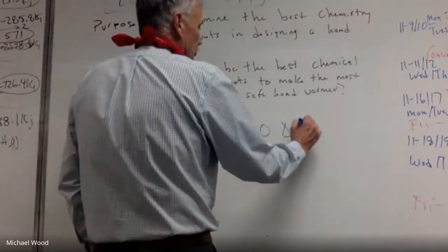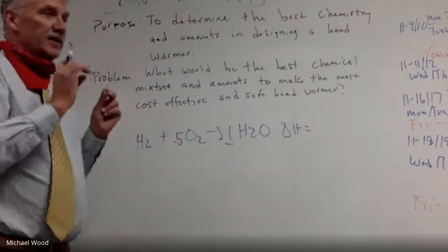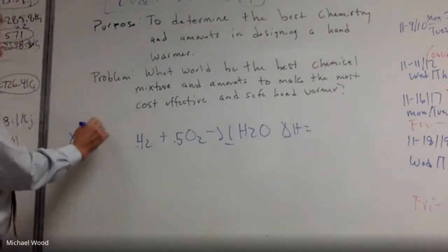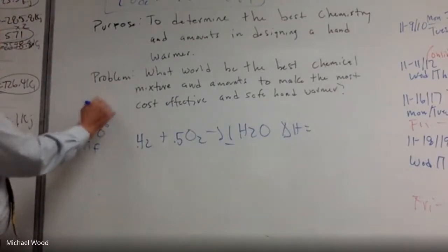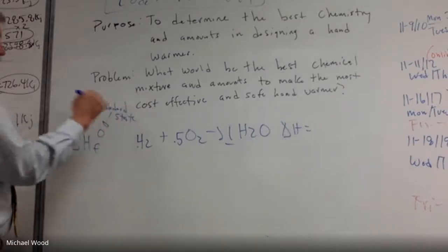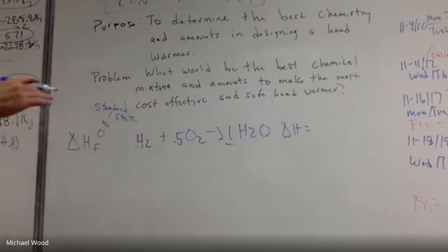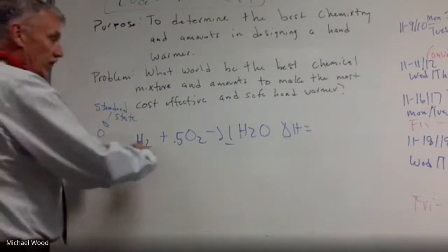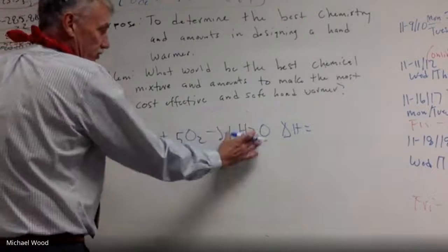And then the delta H, so when it writes this, the delta H, this means standard state. That's what I was talking about. Standard state is 1 atmosphere pressure, a pure solid or liquid, or if it's a solution, 1 molar. And the F is the formation. This is the formation of water.